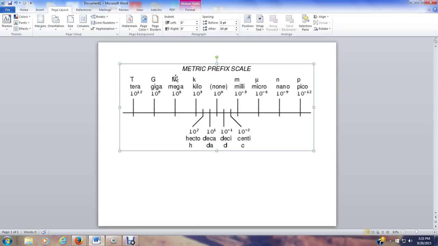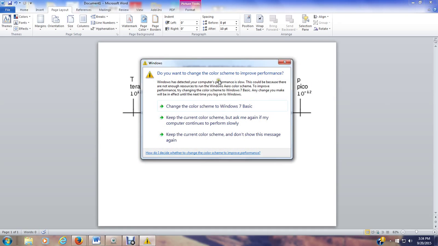So, for example, if I'm converting megabytes to kilobytes, since that is one move to the right, I move the decimal in the number to the right 3 places. If I'm going from kilowatts to just watts, again, you move it 3 places to the right. This number right here, this none, is just your basic units, whether it be watts, ohms, whatever we're dealing with.